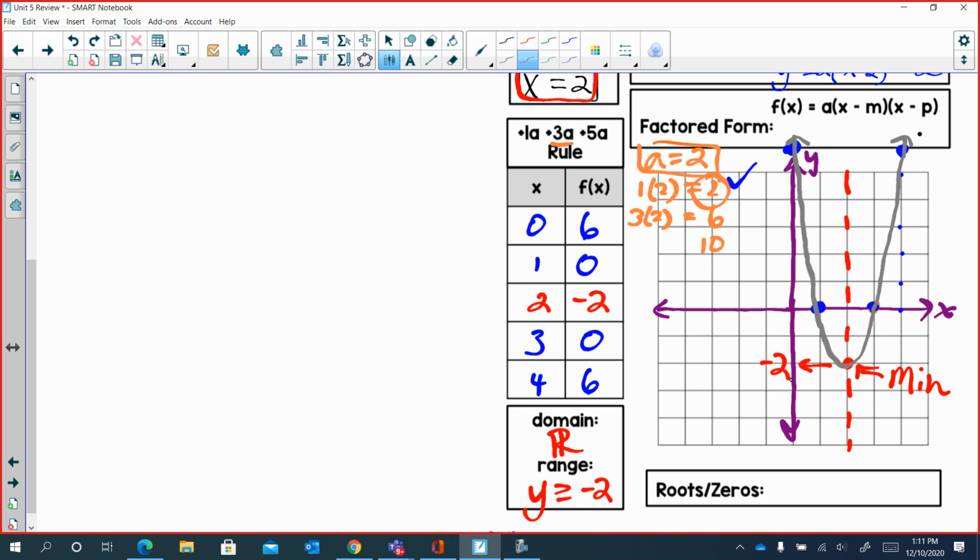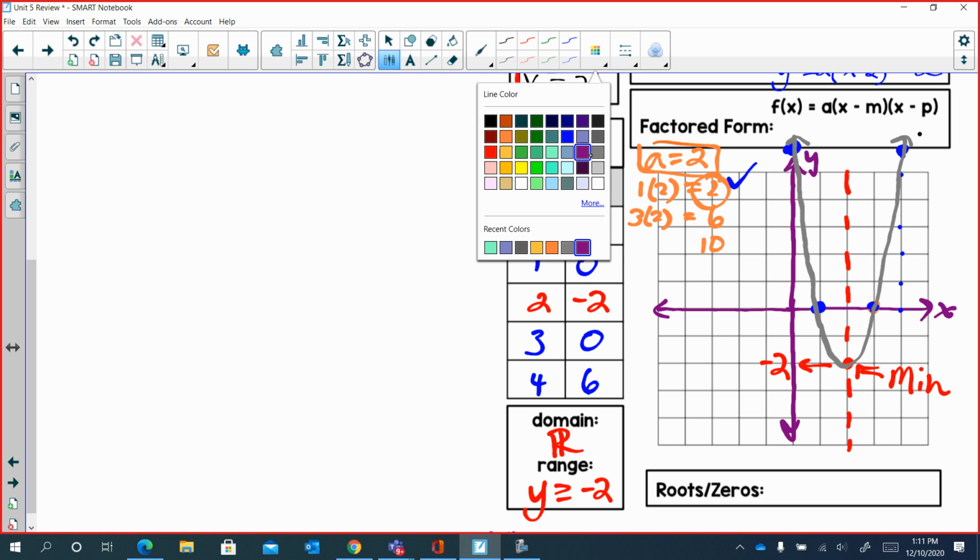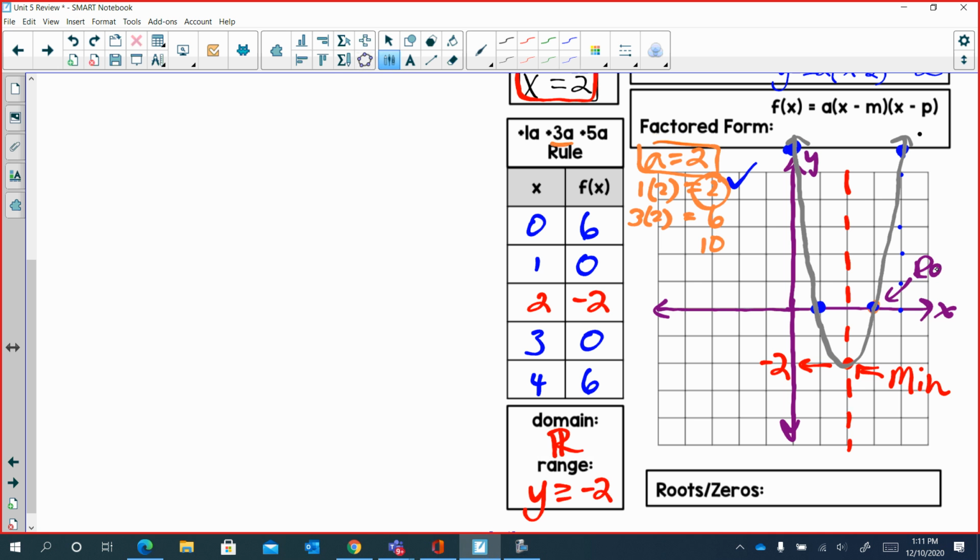And then where are the roots? Yep. The roots are at, forgot to put this on here. These are the roots. So they're at 1, 3, this little bracket.